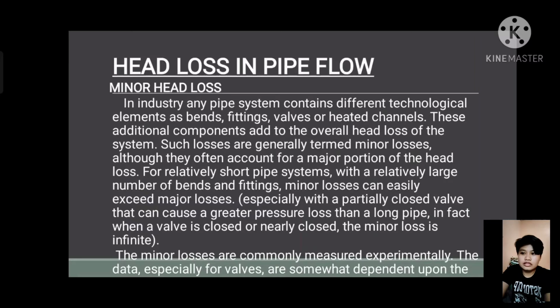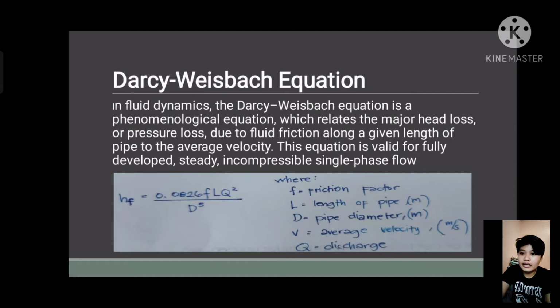So, next is the Darcy-Weisbach equation. In fluid dynamics, the Darcy-Weisbach equation is a phenomenological equation which relates the major head loss or pressure loss due to fluid friction along a given length of pipe to the average velocity. This equation is valid for fully developed, steady, incompressible single-phase flow.